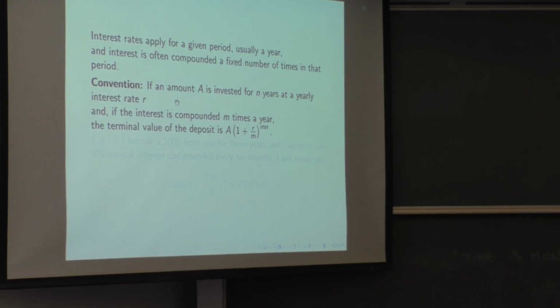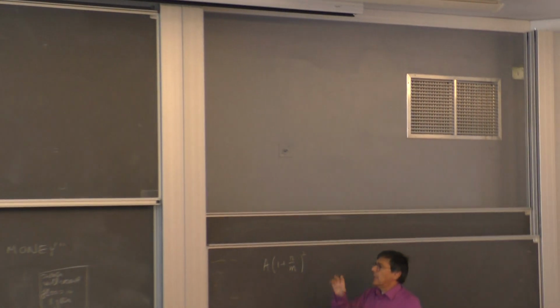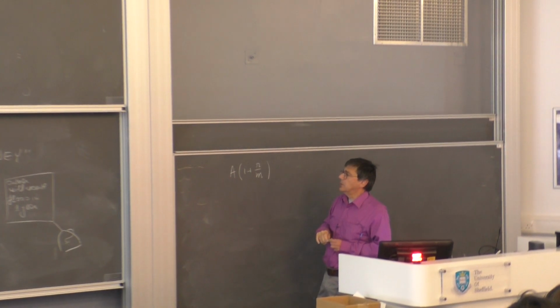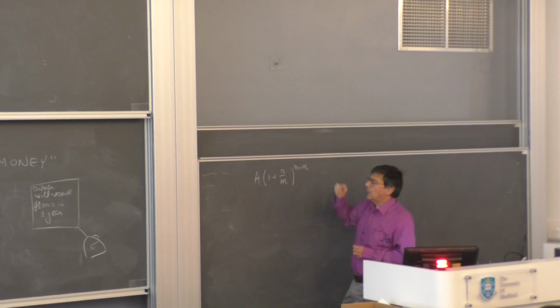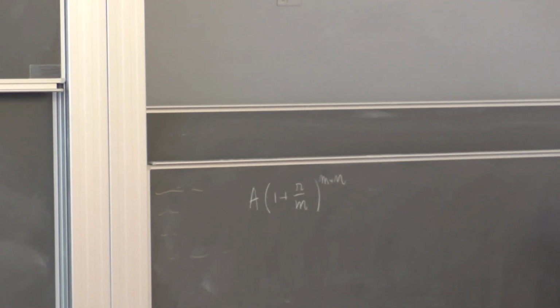This is what happens when you compound your interest once. After 2 periods of compounding, you're going to get this much. At the end of the life of this deposit, you're going to be compounding interest m times n times. And then you're going to discover that you have this much money in your savings account.